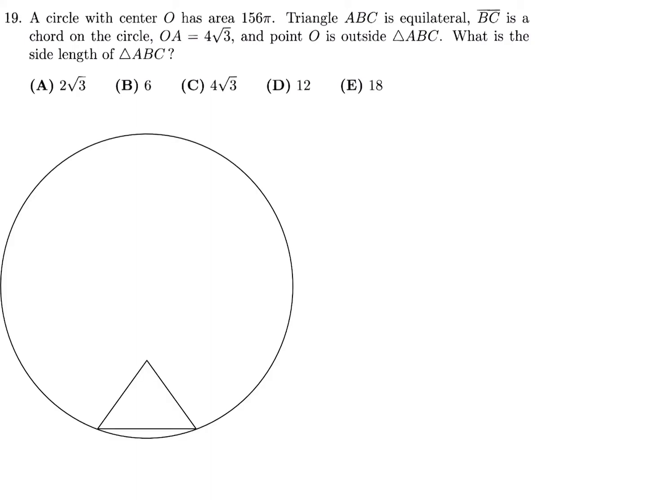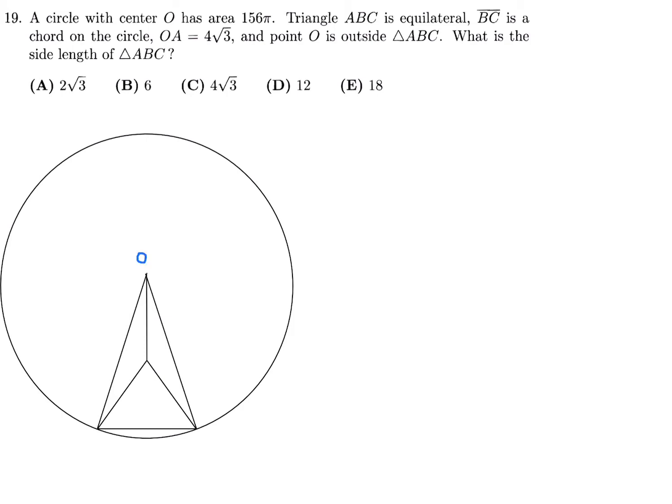So let's talk about this in terms of a diagram. Let's draw a line from the center, which will be approximately here, to that top right there. Probably not drawn to scale, but that's okay. And then now I'm going to connect the dots here from the triangle to the center like that. And now let's start labeling this.